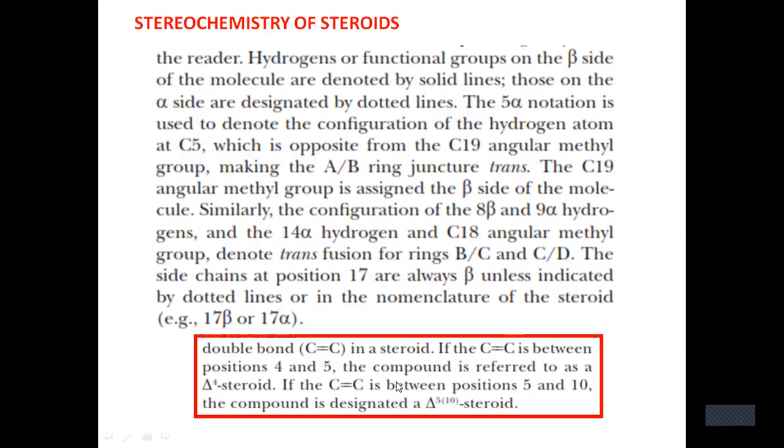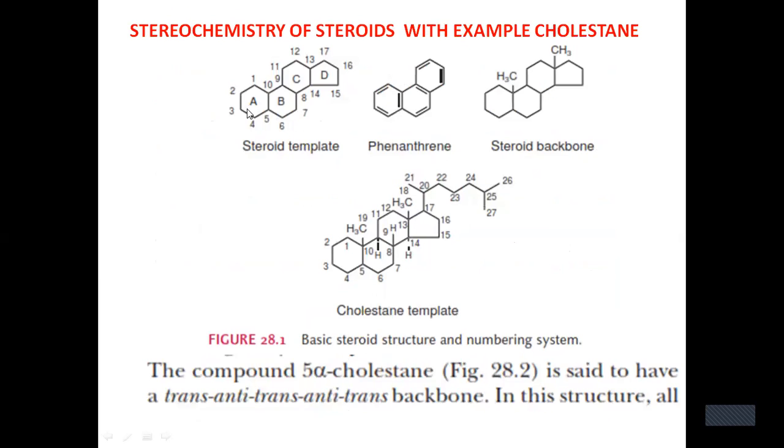We have to talk about the double bond, the trans nature of the fusion of A, B, B, C, C, D. Then what alpha means and what beta means. So these are a few examples of what I have already shown you. It is trans, anti, trans, anti, trans structure for the steroid.